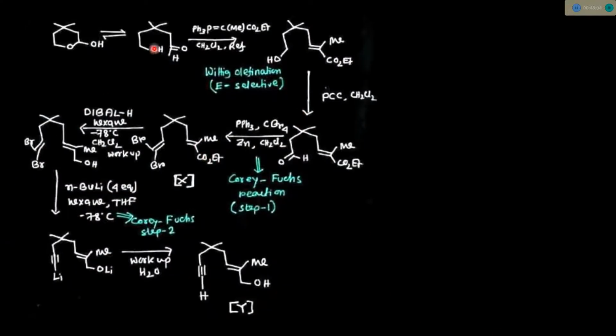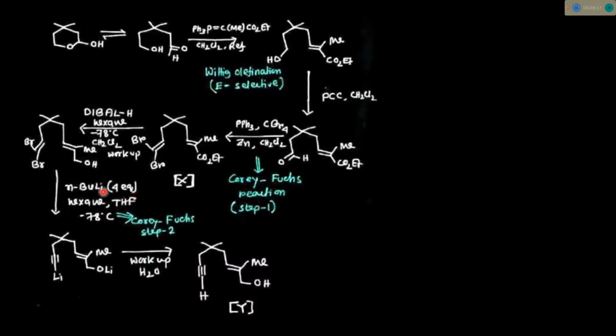In this problem, the first step is the Wittig reaction giving the trans alkene, then PCC oxidation, then not the complete Corey-Fuchs reaction but the partial Corey-Fuchs reaction, where the dibromo compound forms. Then they use DIBAL-H, hexane, CH2Cl2, workup. There is an ester group, and it is transformed into an OH group. DIBAL-H is a reducing agent that transforms ester to aldehyde, but in this case the ester group transforms into a hydroxy group, not an aldehyde.